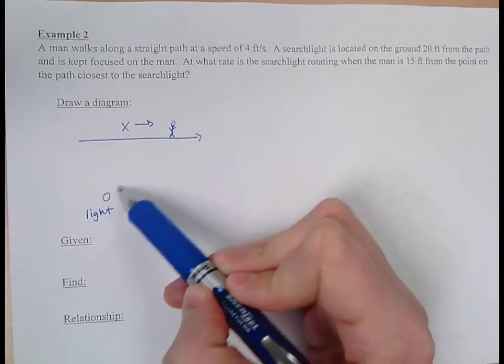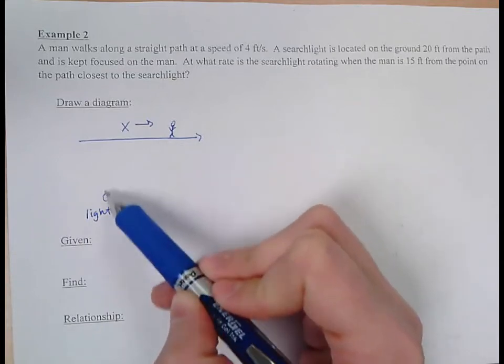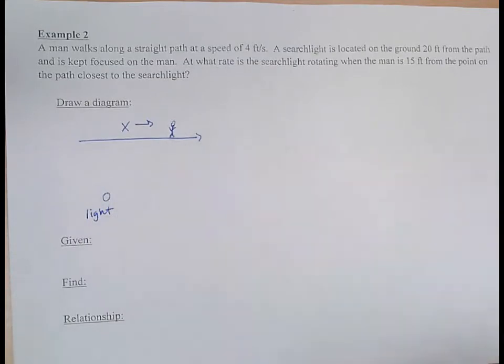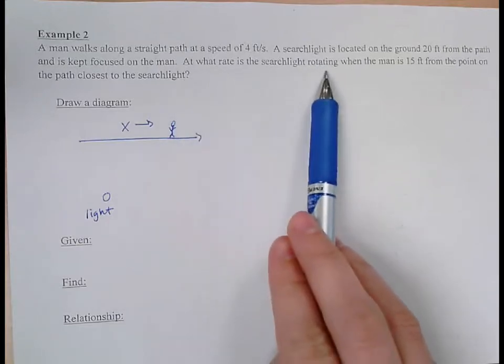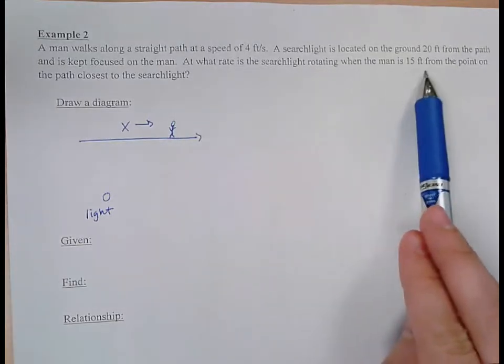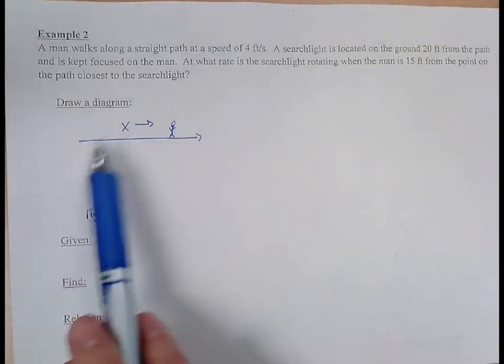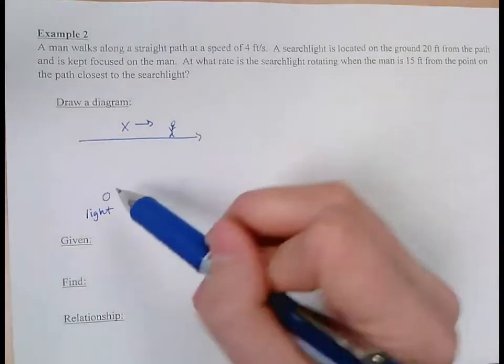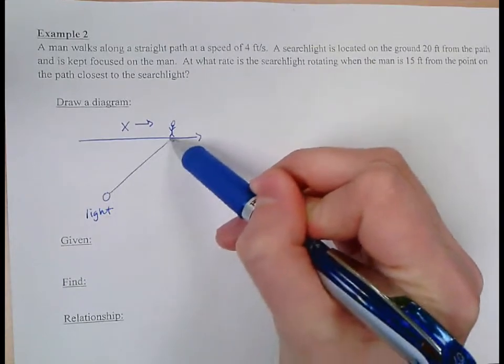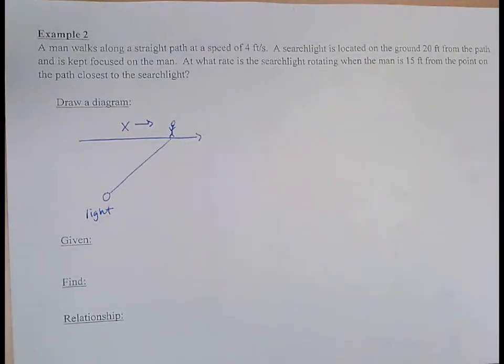The searchlight is kept focused on the man, so as he moves, the searchlight is following him. At what rate is the searchlight rotating when the man is 15 feet from the point on the path that's closest to the searchlight? I'm just going to draw the light focused on the man, so I have the path of the light.